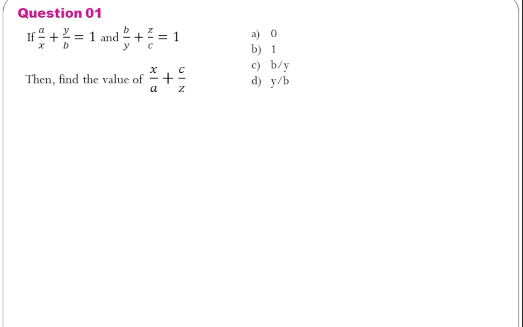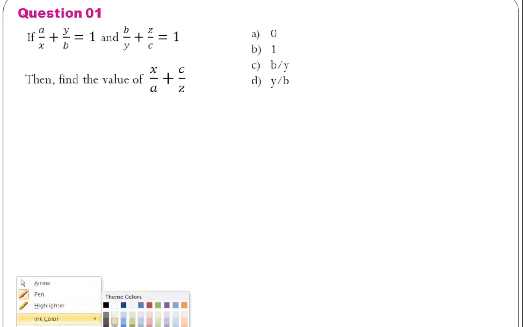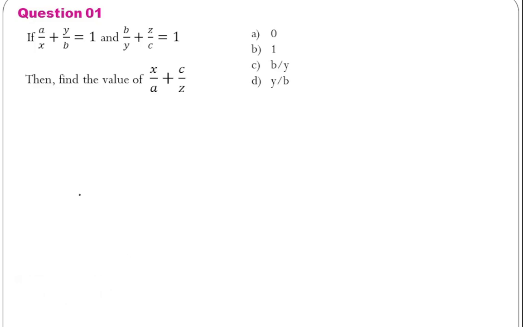Before going to find the value of x by a plus c by z, let's rewrite the given equations into another form. We can make the first equation a subject of a by x. So, subtract y by b on both sides.